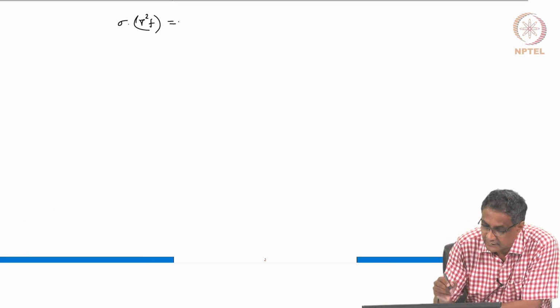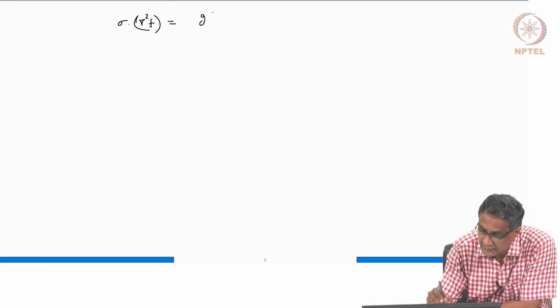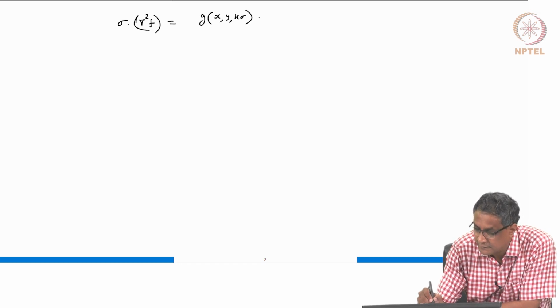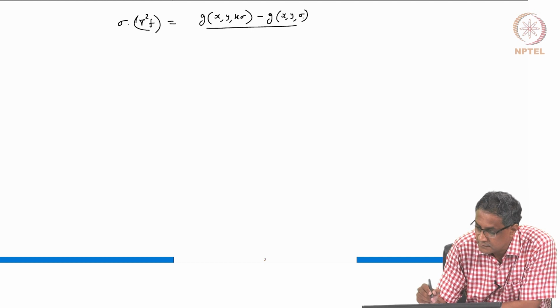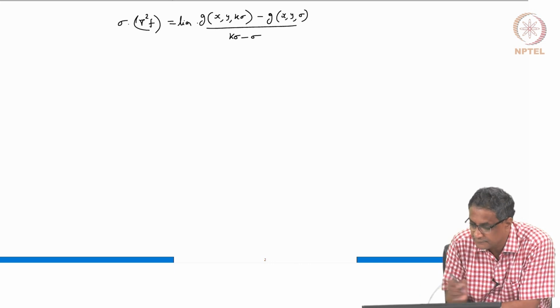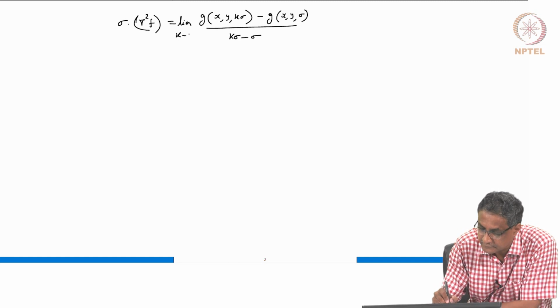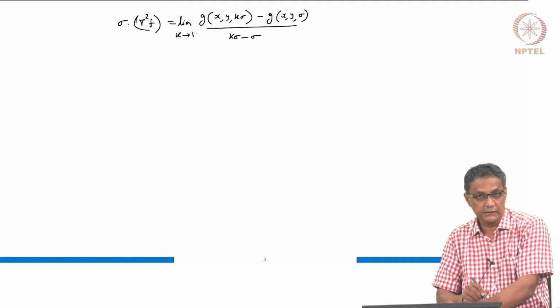The way this is written is, you write dou g by dou sigma as the limit, k tending to 1, of g of x comma y comma k sigma minus g of x comma y comma sigma by k, divided by k sigma minus sigma by k.